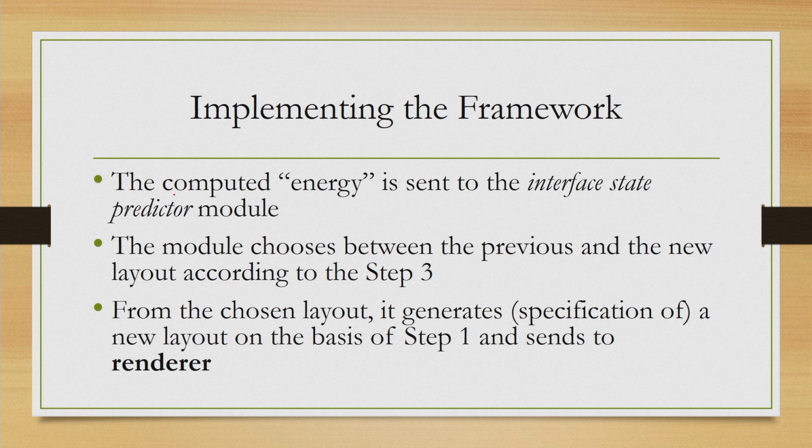Now, the computed energy is sent to the interface state predictor module. The interface state predictor then chooses between the previous state and the new state according to step 3 we discussed earlier, that is calculation of probability and based on the threshold. Here the implementation of the interface state predictor module is not trivial as in the previous case. Here we are implementing step 3 of the algorithm in the interface state predictor module.